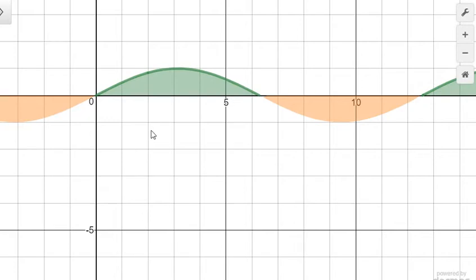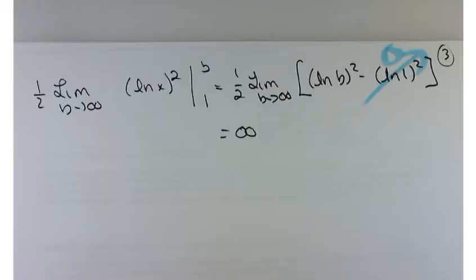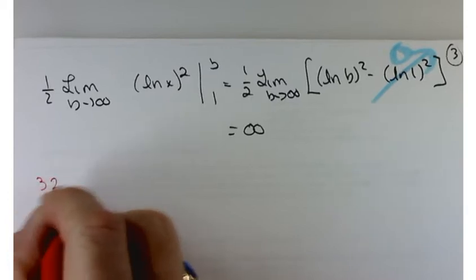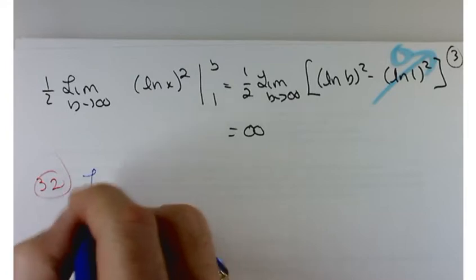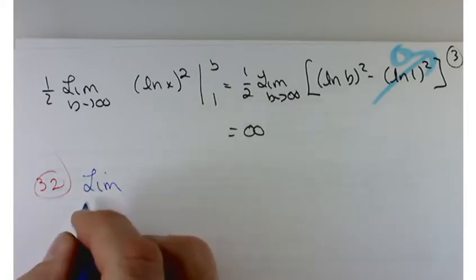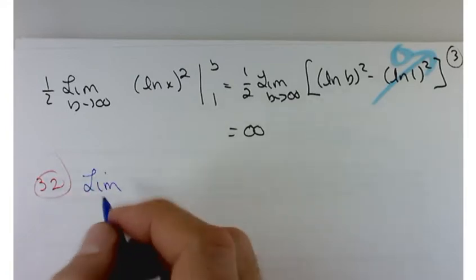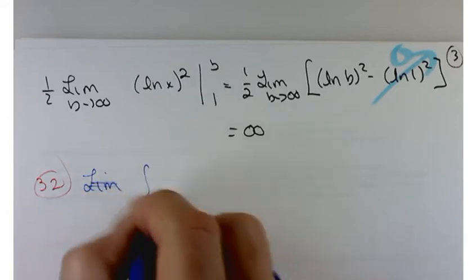So let me write that down for us. 32: the integral from 0 to infinity of sine of x over 2 dx. Actually, I shouldn't write the limit yet.